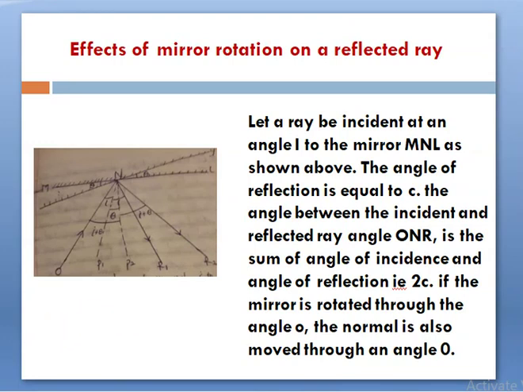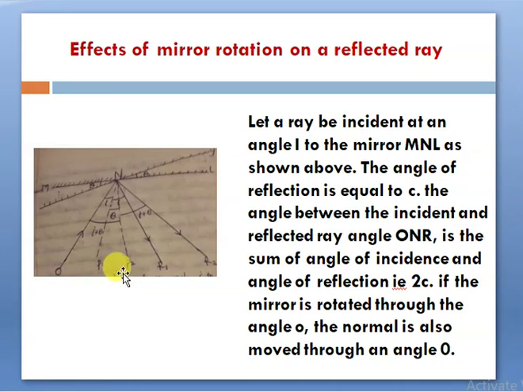Remember, from the second law of reflection, angle of incidence will be equal to angle of reflection. And our new angle of incidence now is I plus theta. That means from the new normal, you also have a new angle of reflection, from here to here, which will equally be I plus theta.